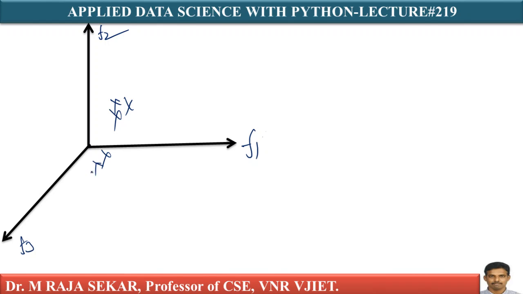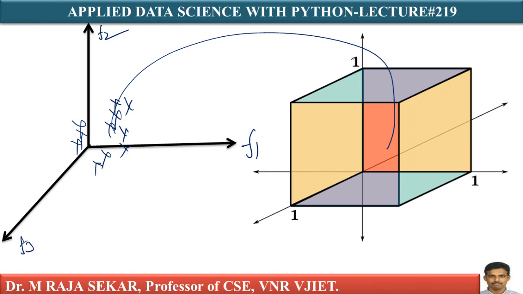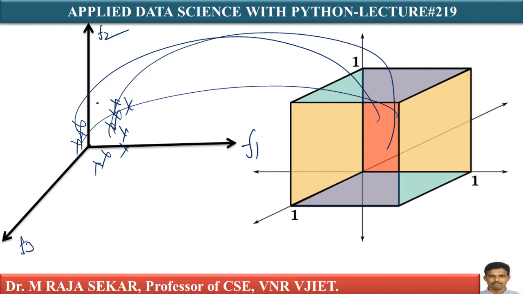In the case of 3 dimensions, I can construct a unit cube, isn't it? By applying this transformation, all these points will go into the unit cube. It's just an extension of 2D, as we got a unit square in two dimensions. This is a simple concept.